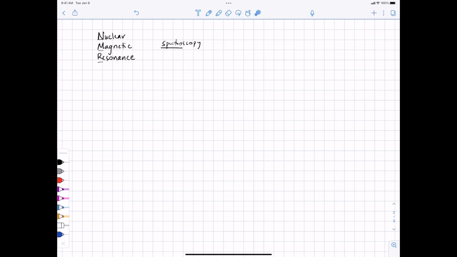I want to give you just a bit of background on the physics. So, like electrons, protons and neutrons have a quality called spin. It's an angular momentum property.